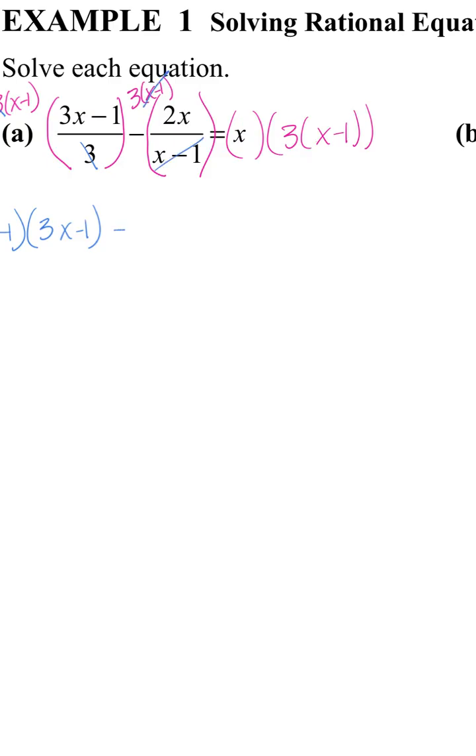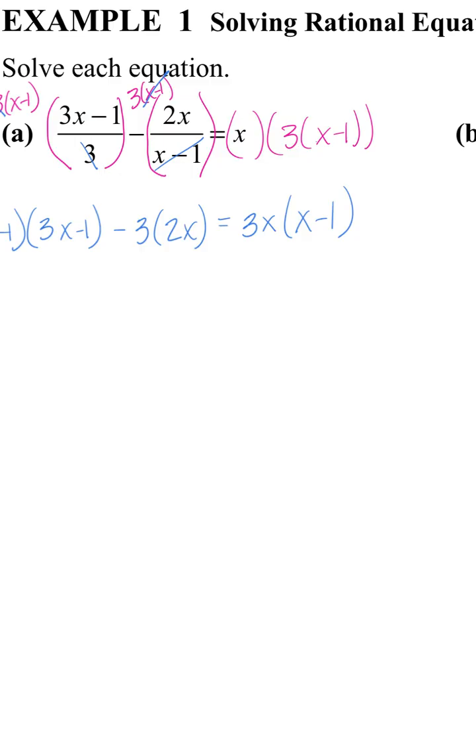Now you've got negative 3 times 2x. And then when you multiply this, you've got x times 3 times x minus 1. Now you can go through and do your double distribution and solve for x.